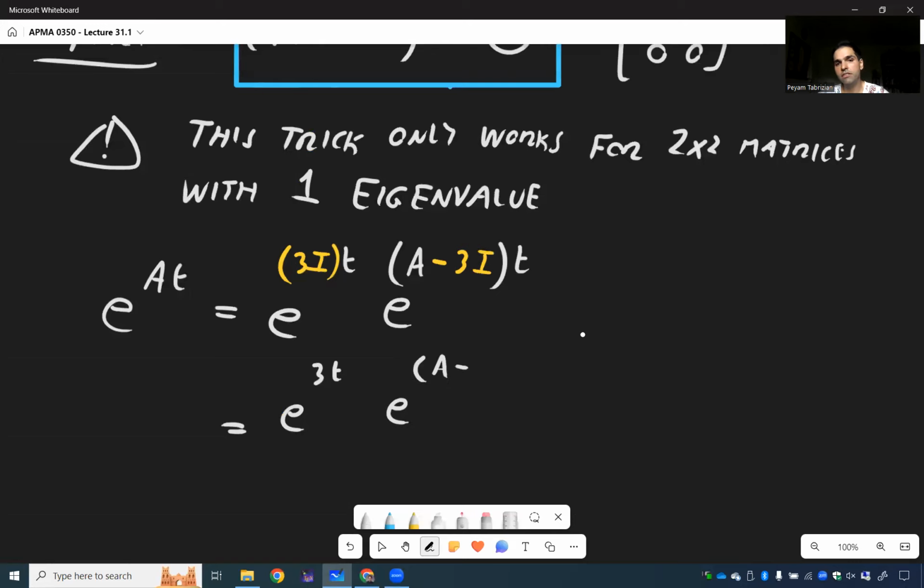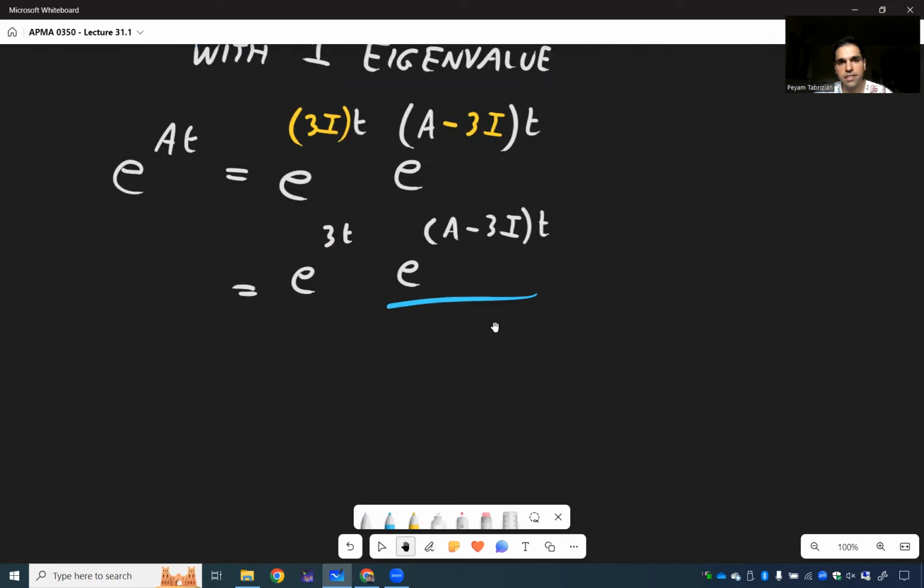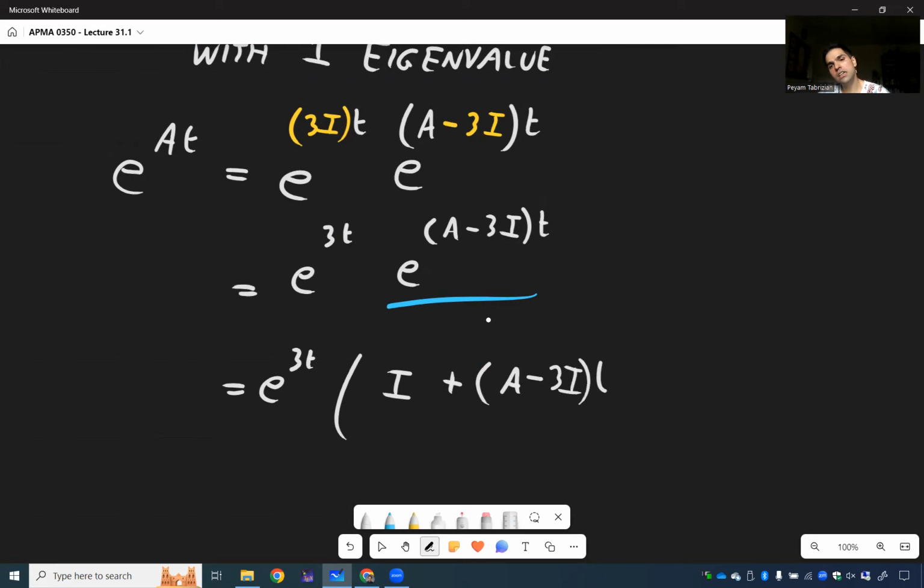So we have e to the 3t times e to the (A minus 3I)t. And now the whole point is we can use the power series. So this is the same thing as e to the 3t, and then I plus (A minus 3I)t plus (A minus 3I) squared t squared over 2 factorial plus other terms.